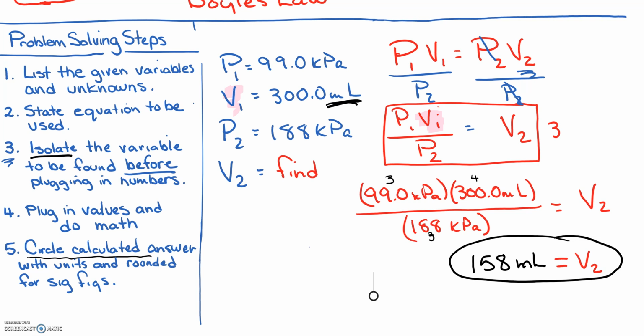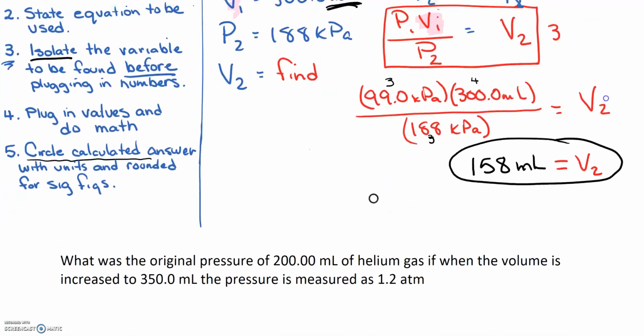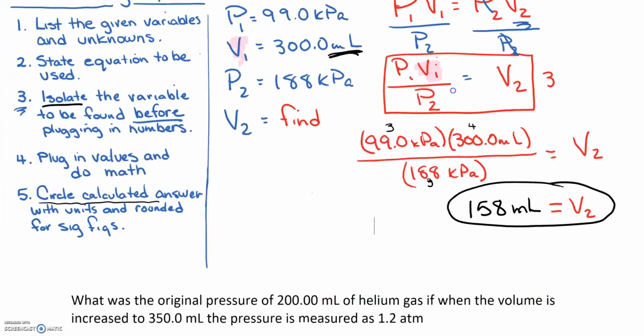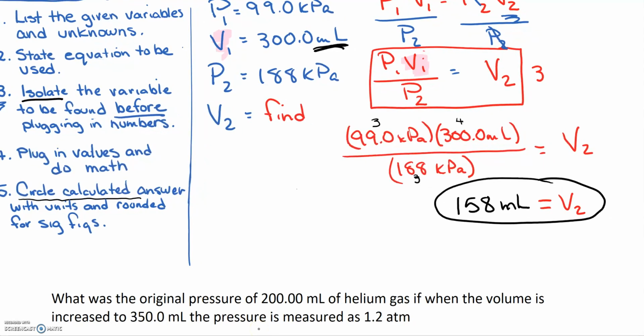Now it's your opportunity to try these 5 problem-solving steps, with you being asked, what was the original pressure of 200 milliliters of helium gas if when the volume was increased to 350 milliliters and the pressure is measured as 1.2 atmospheres?